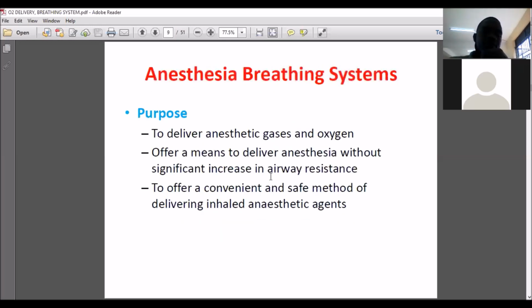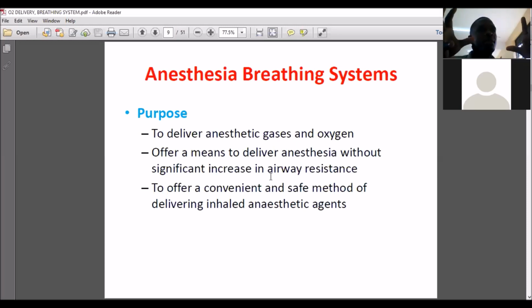So the anesthesia breathing system. What is its purpose? Well, we have to deliver the anesthetic gases and oxygen. That is their number one purpose. Number two, they offer a means of delivering anesthesia without a significant increase in airway resistance. If the dead space is big, the person needs a lot of energy to receive the oxygen, because most of the oxygen will be occupied in the dead space.